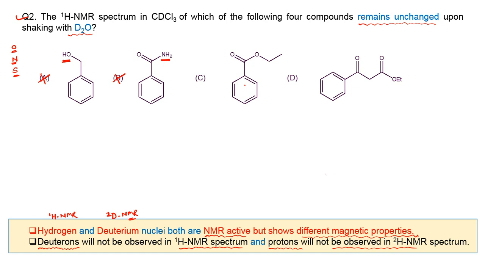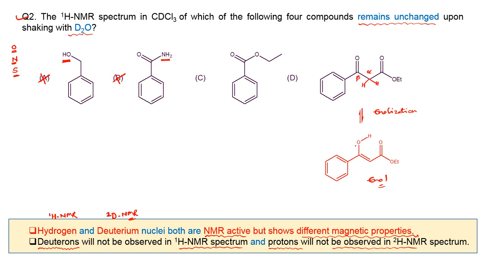At the same time, we need to identify that compound D has a very peculiar functionality: it is a beta-keto ester. And in this case, as we know, the alpha hydrogens are acidic, so they are susceptible to enolization, and enolization leads to formation of the enol. Enol is a functionality containing an alkene and an alcoholic functionality.